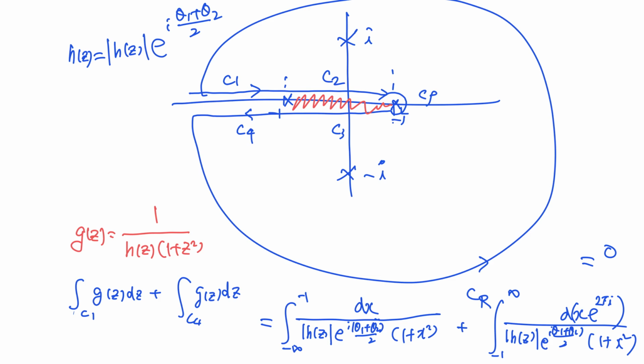And as before, the small circular integral around this point and the big, large integral will go to 0. So I will give it as homework, right? You can do it as homework that the integral over CR of g(z) dz goes to 0.